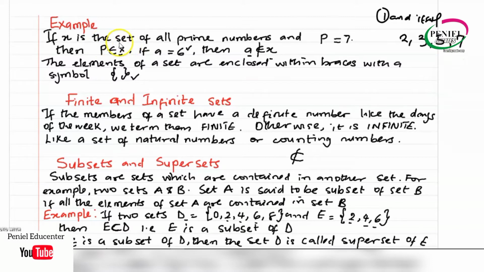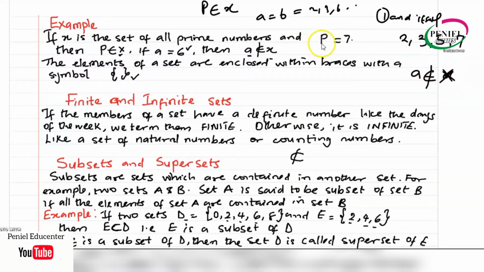So if X is the set of all prime numbers and P is 7, then we say P is a member of X. But if we are given A to be 6, A can be divided by 2, 3, and 6, so 6, which is A, does not belong to the set X.